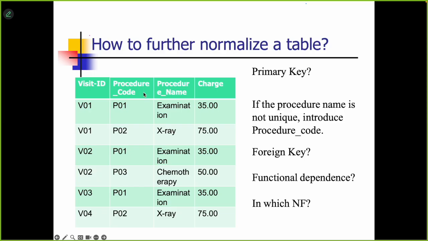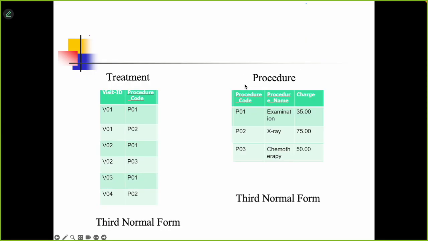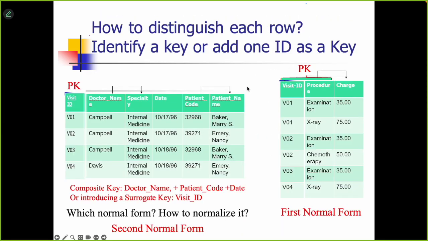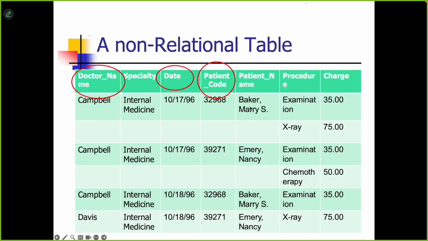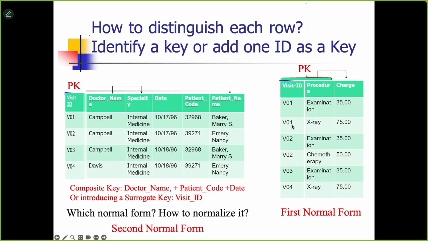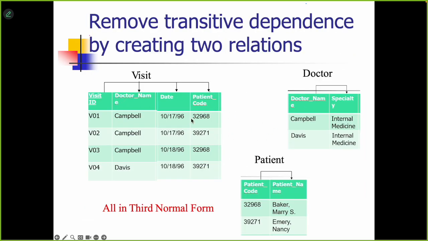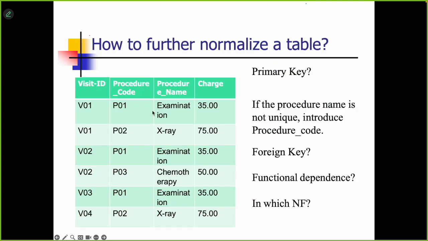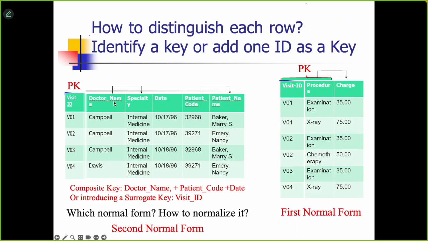No, because procedure code, right? This was actually the procedure table, but it wasn't there yet. If you see this table, let me go back. We initially started with these two tables in the first normalization step, after breaking it into these two tables. We first normalized the table on the left, which resulted in these three tables: visit, doctor, patient, right? So this is based on the table on the left.